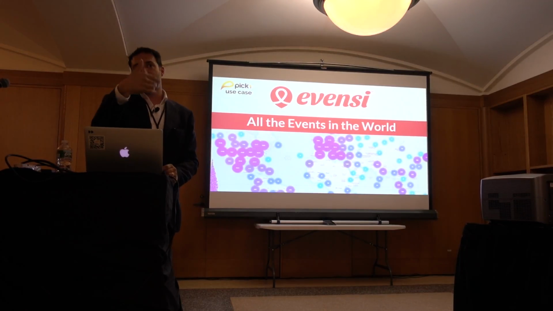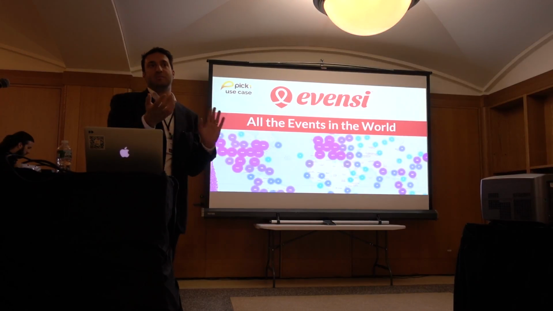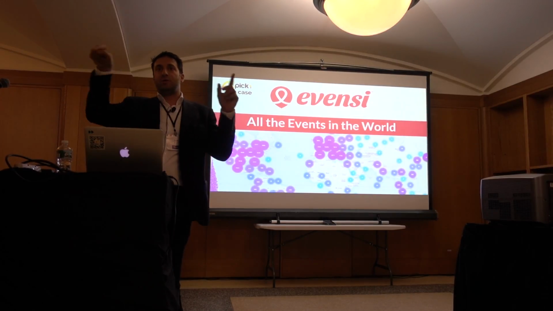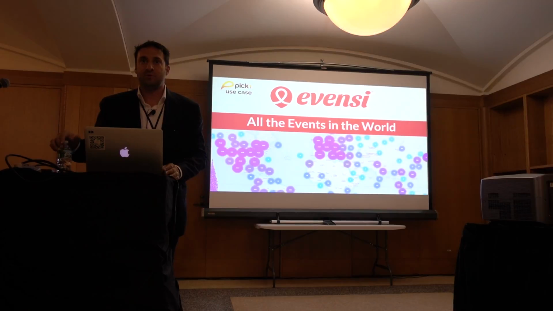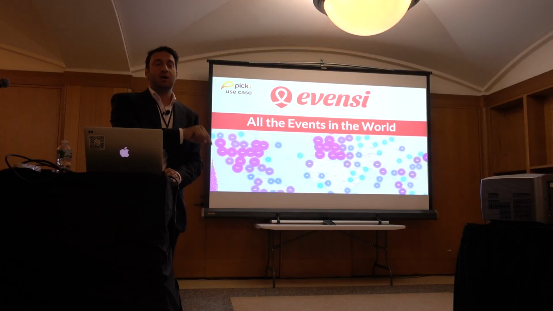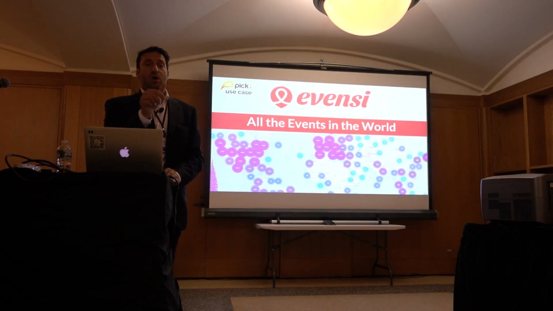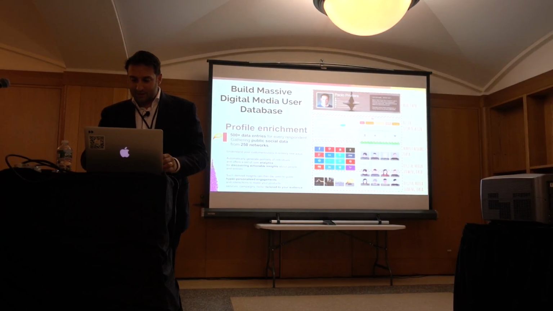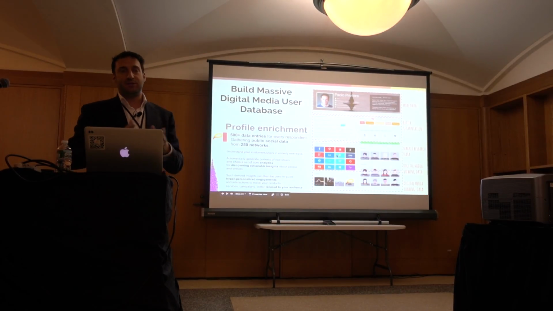Say you pick your email address. I'm going to do a reverse search on any possible social network. Right now we are covering 250 social networks, and we try to identify who you are using that email on Twitter, Facebook, LinkedIn, and all the icons you see here, plus 200 more.